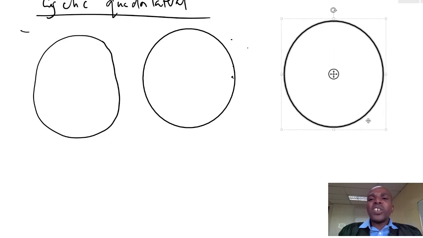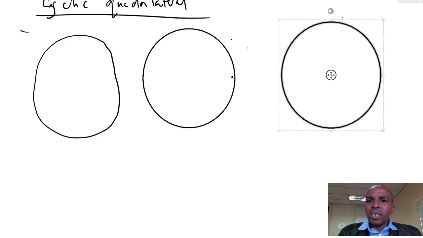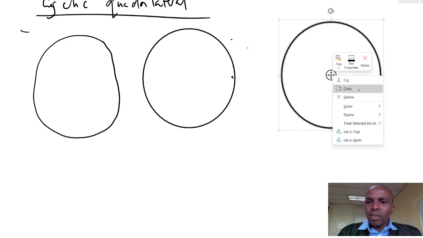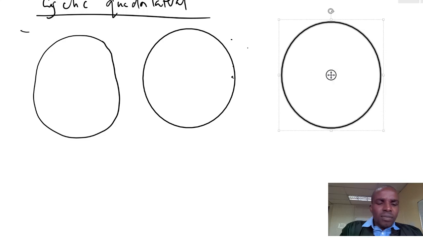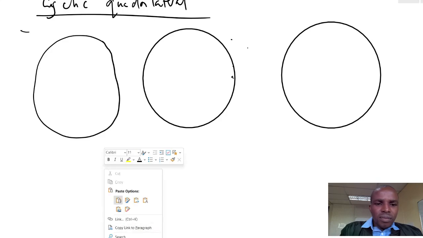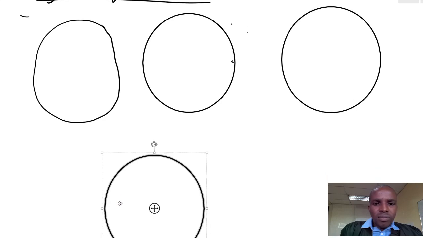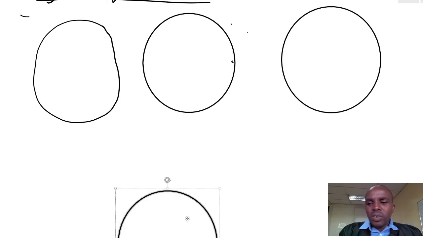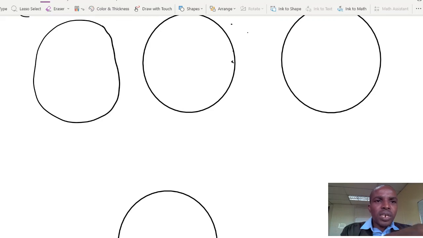Right, so a cyclic quadrilateral. If I can have this circle, then my cyclic quadrilateral is like this.